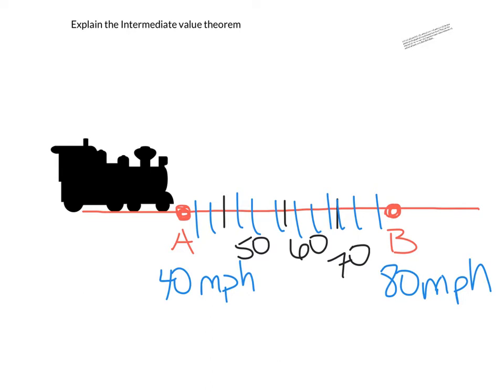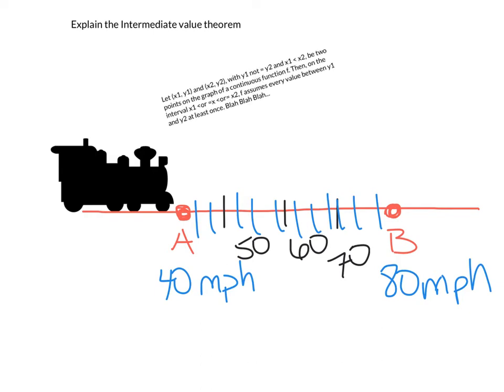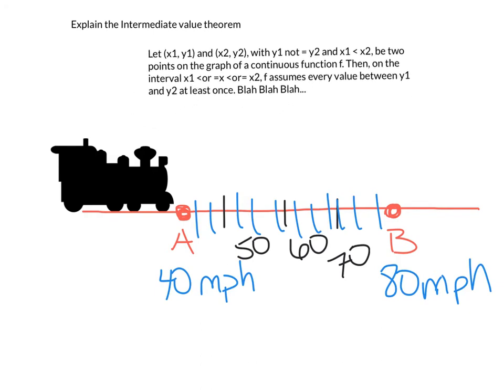The intermediate value theorem basically states that between the two points, we could call it x sub 1, x sub 2, right? And then, you can see that every point must be hit.